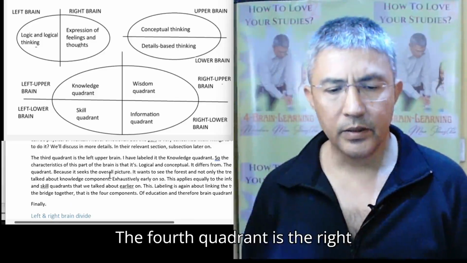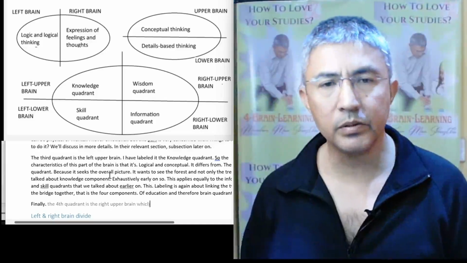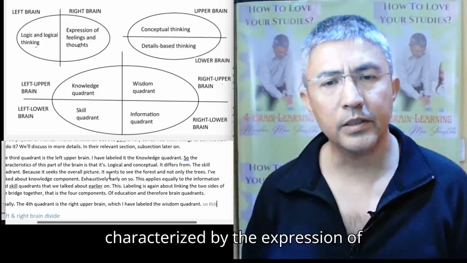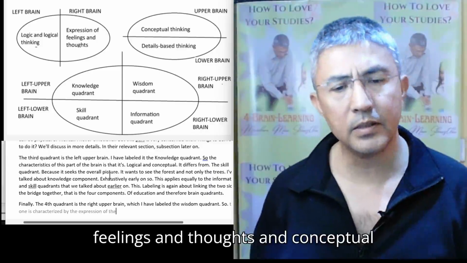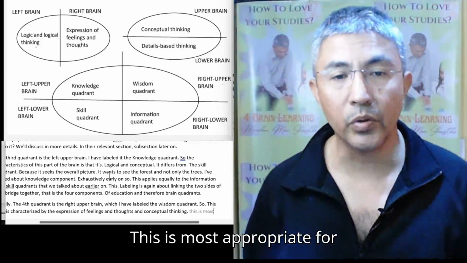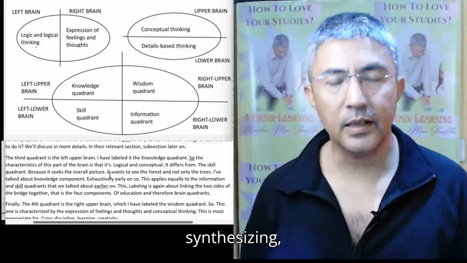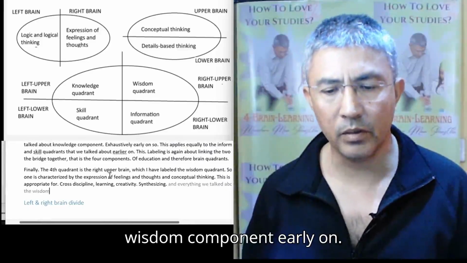Finally, the fourth quadrant is the right upper brain, which I have labeled the wisdom quadrant. This one is characterized by the expression of feelings and thoughts and conceptual thinking. This is most appropriate for cross-discipline learning, creativity, synthesizing, and everything we talked about under the wisdom component earlier on.